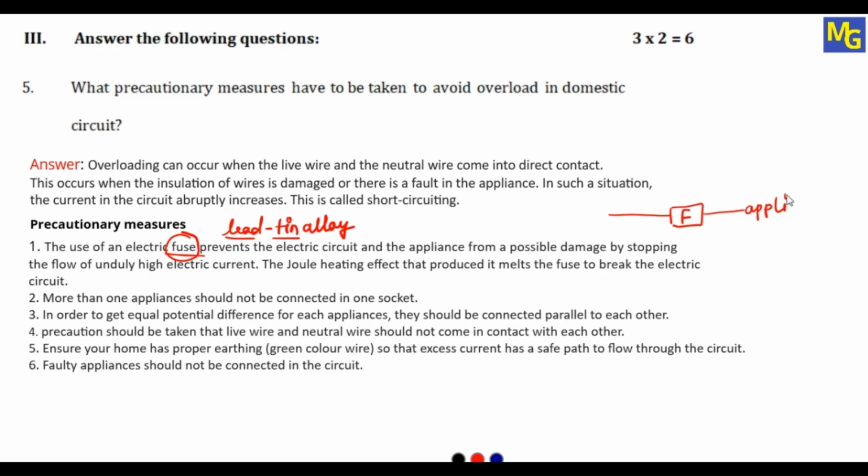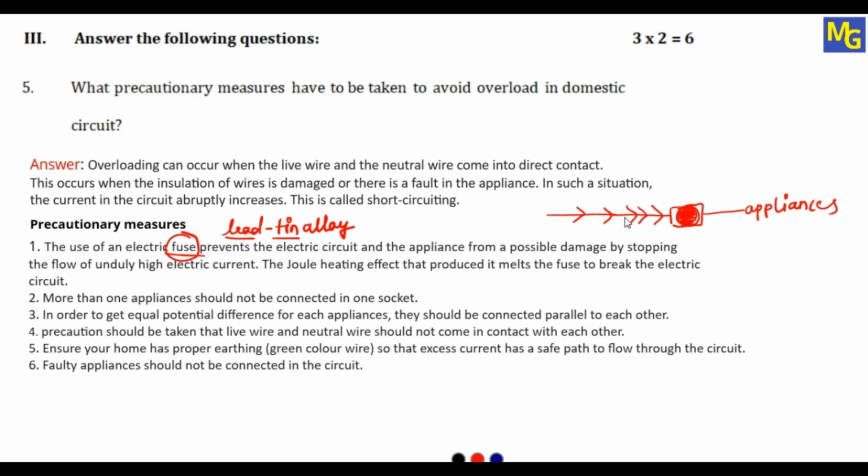Now see, if a sudden high voltage current comes from this side, first it enters the fuse, and due to the Joule heating effect, the increase in heat, the alloy present here will melt, and because of melting this whole area gets blocked, so it blocks the passage.